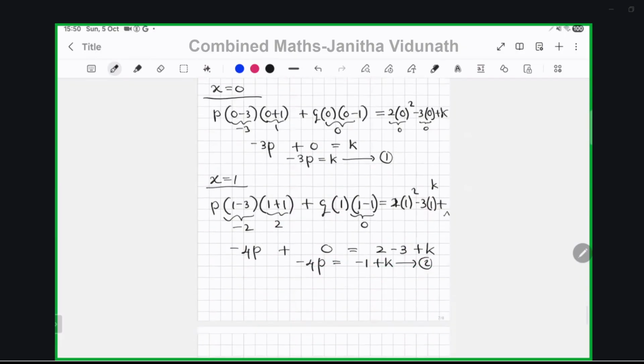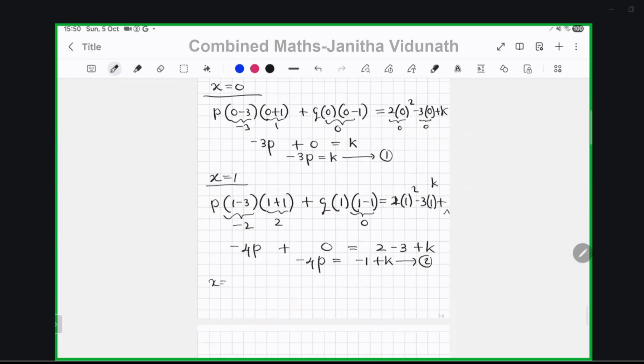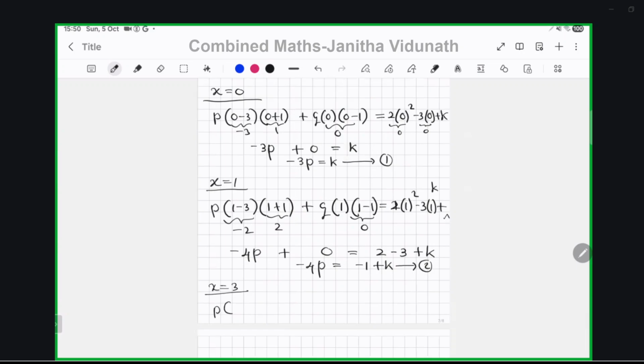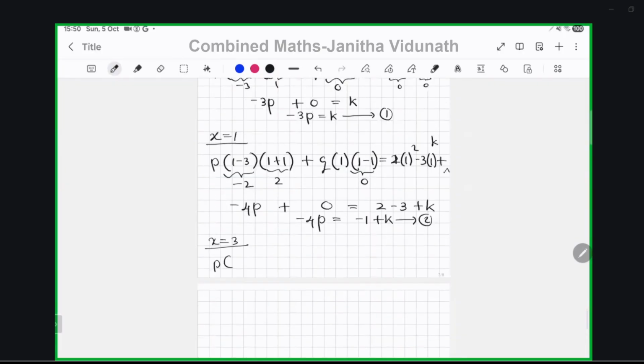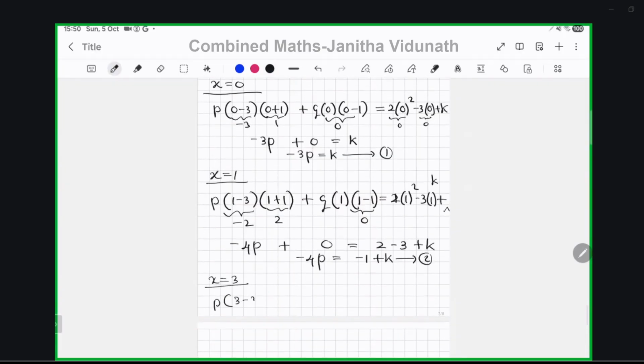Here, if we plug x equals 3, then our left hand side becomes p times x minus 3, that means 3 minus 3, then x plus 1, that means 3 plus 1, plus q times x, that means q times 3, plus x minus 1, that means 3 minus 1, equal to 2 times 3 whole square minus 3 times 3 plus k.